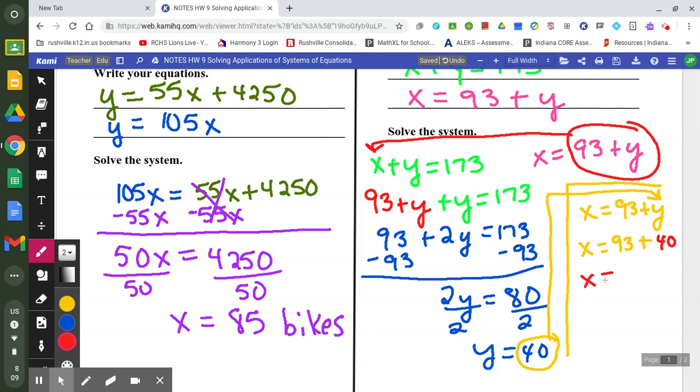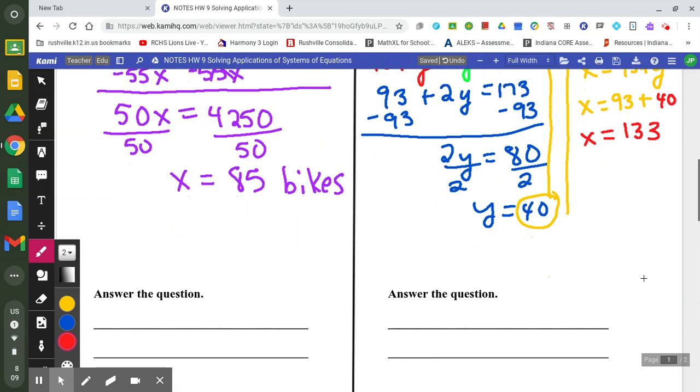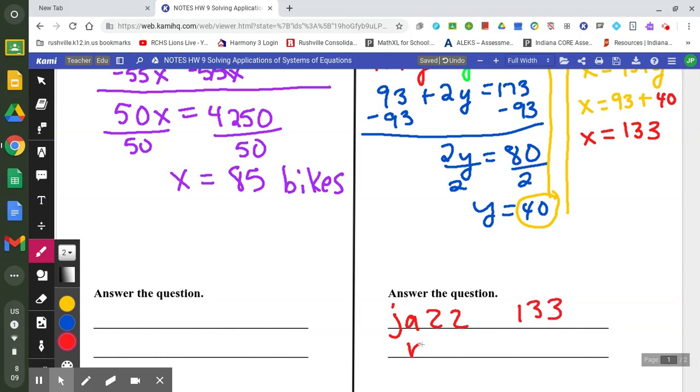So x equals 93 plus 40, which gives us 133. So then we can come down here and answer that question. Jazz was 133 and rock was 40.